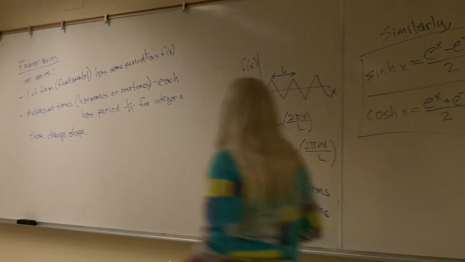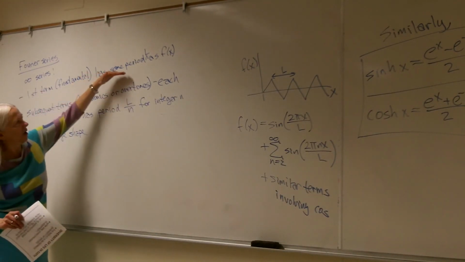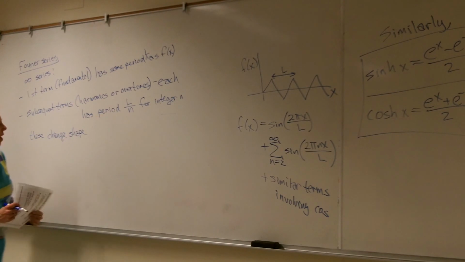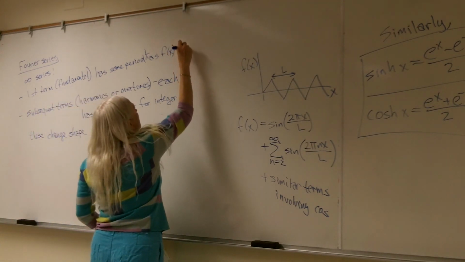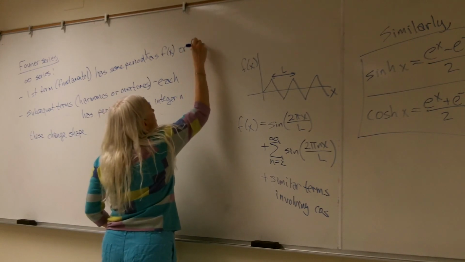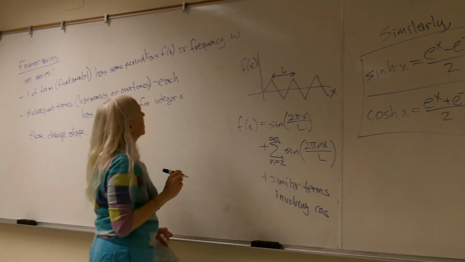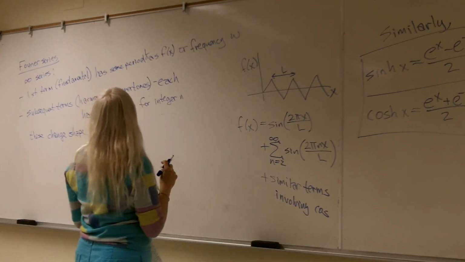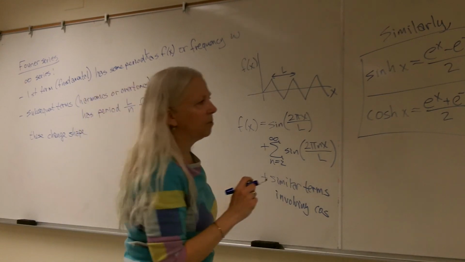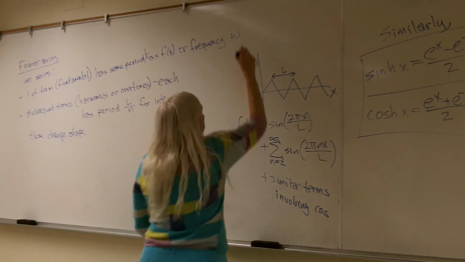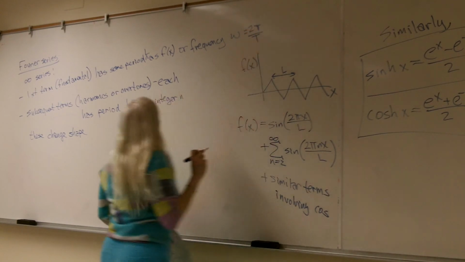So if the periods of our separate terms in our Fourier series involve L over n for integer values of n, just as easily, we could describe it in terms of frequency, right? Our frequency for our first term would be a value of omega, which is equal to 2 pi over T, the period.